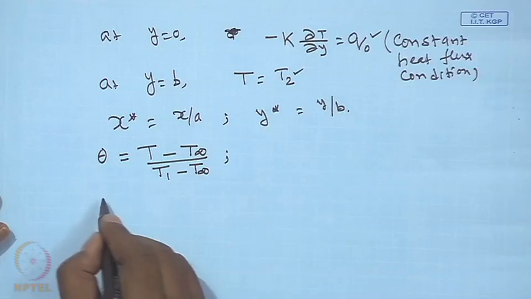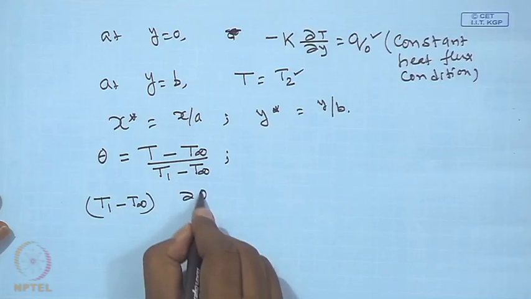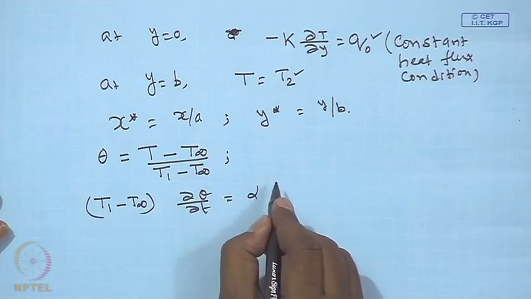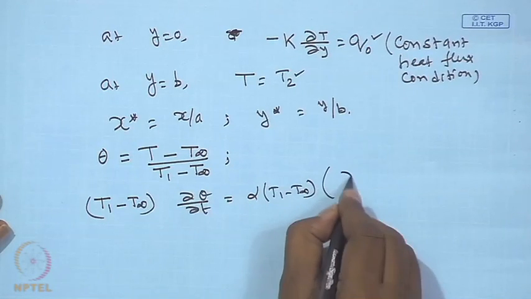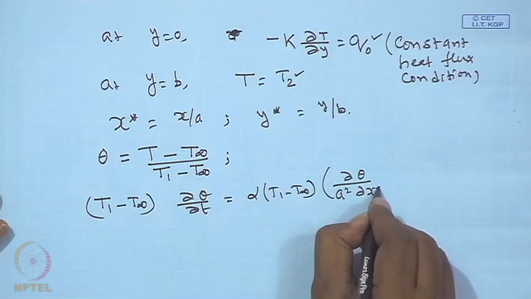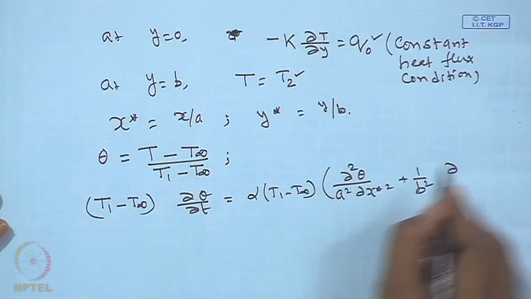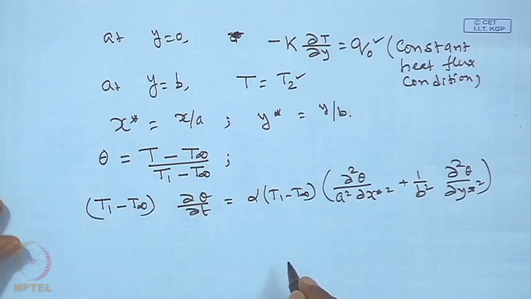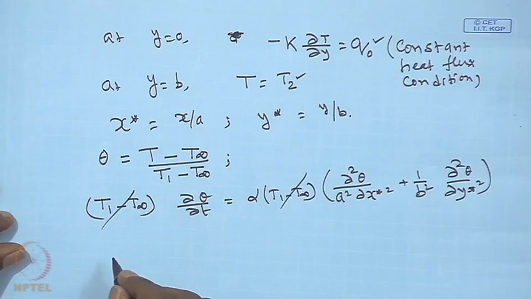So, this becomes T 1 minus T infinity del theta del t, and this will be alpha times T 1 minus T infinity times the bracket of 1 over a square del square theta del x star square plus 1 over b square del square theta del y star square. So, this T 1 minus T infinity will be cancelled.